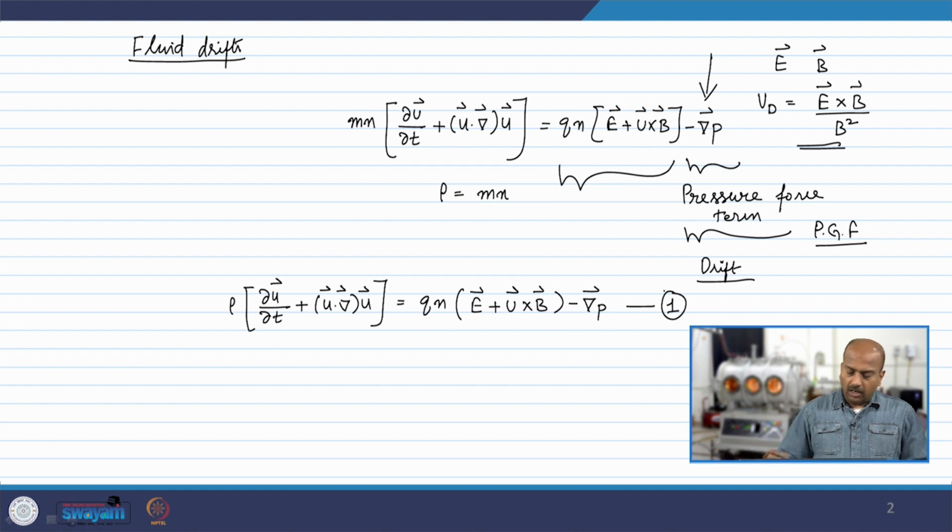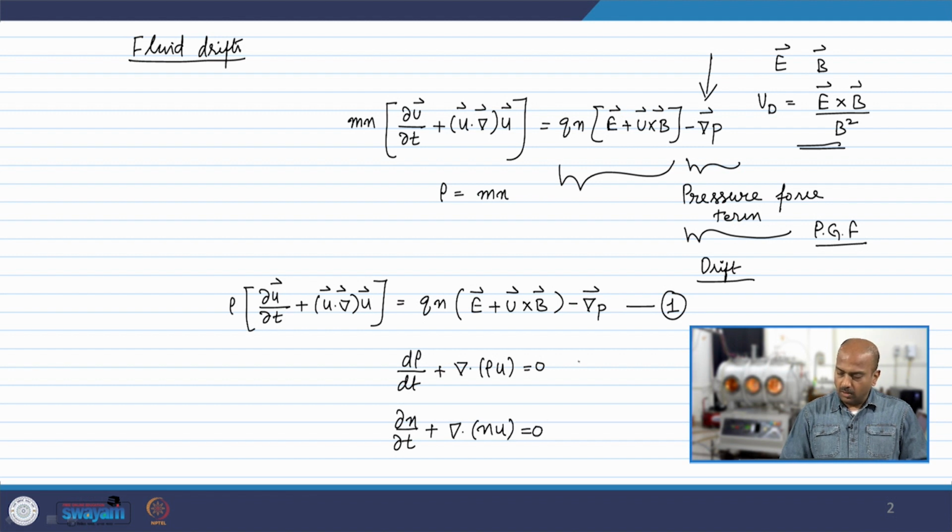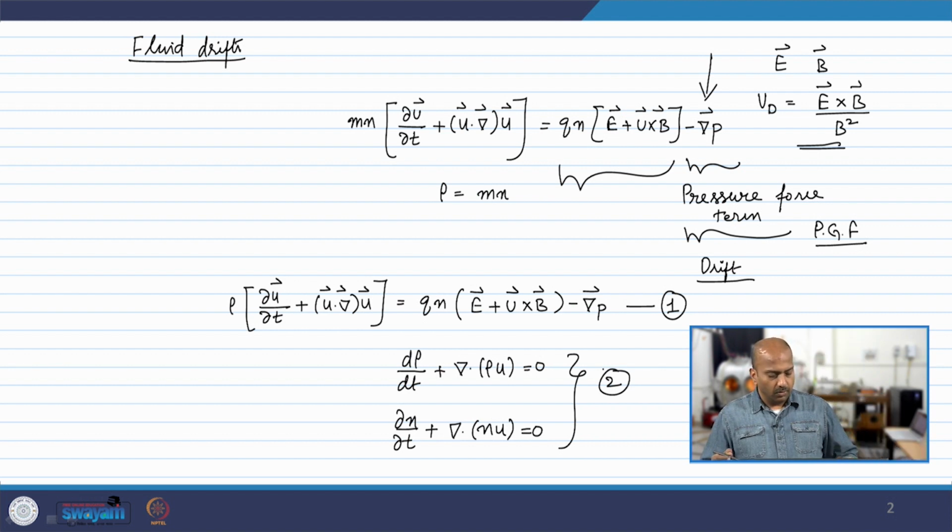Then we will need the continuity equation, which is ∂rho/∂t plus del dot rho u is equal to 0, or ∂n/∂t plus del dot n u is equal to 0. Let us call this equation number 2.